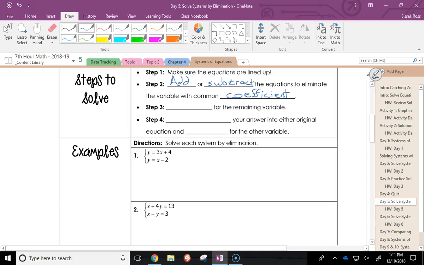Step 3, you have to solve for the remaining variable. So if I eliminated x, I'm going to solve for y. After I solve for y, you're going to do kind of what we did last week. You're going to substitute your answer into either original equation, so either equation, and solve for the other variable.